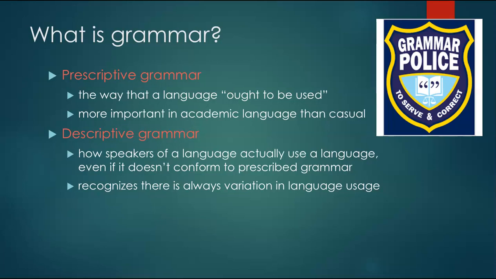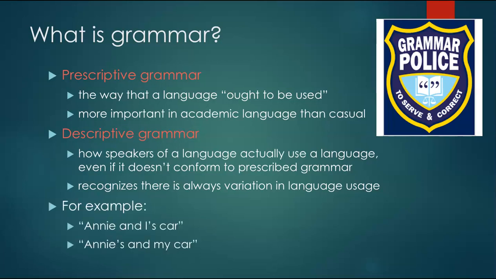So a couple examples of what this maybe looks like. My husband, for example, will frequently talk about Annie and I's car. Well, a prescriptive grammarian would say, no, we don't talk about Annie and I's car. We would talk about Annie's and my car. That's the correct construction of that possessive noun phrase.